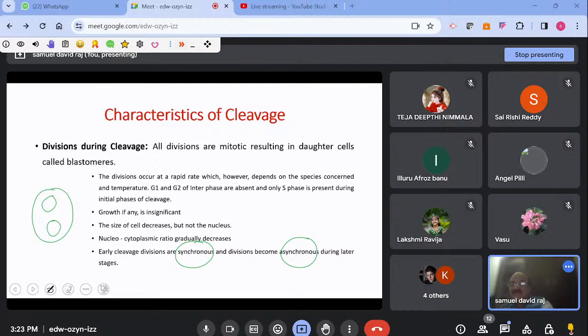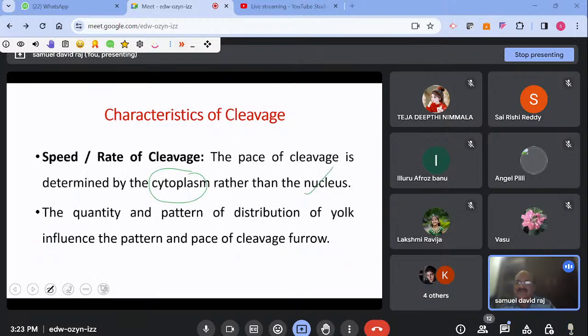During cytokinesis, what happens? A constriction appears here which deepens so that both of them join and it divides into two daughter cells. So thus cytokinesis results in the production of two cells, isn't it?